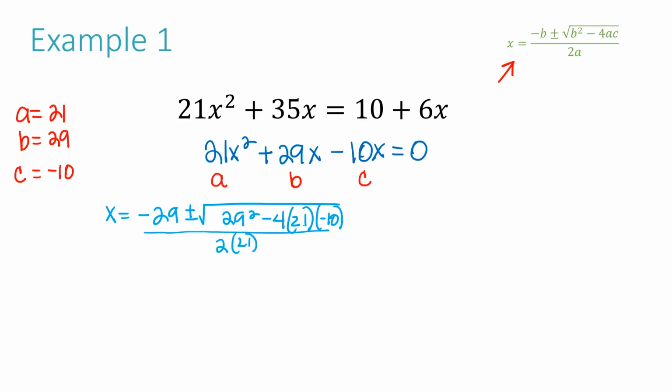Every number that you see came directly from the values that I told you that A, B, and C equals. When you look at your quadratic formula over here, you can see that you need to plug in those values in different places. So as far as my negative B goes, which is the beginning, what that tells us to do is write down your B value.